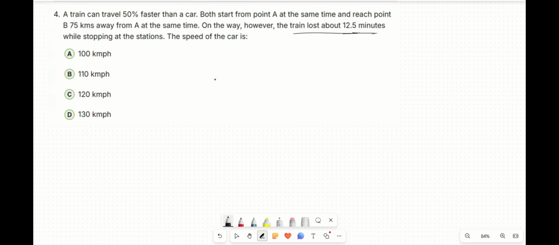Let's solve this fourth question. A train can travel 50% faster than a car. Both start from point A at the same time and reach point B 75 km away from point A at the same time. On the way, however, the train lost about 12.5 minutes while stopping at the stations. What is the speed of the car? So here, let the speed of the car be x kilometer per hour.